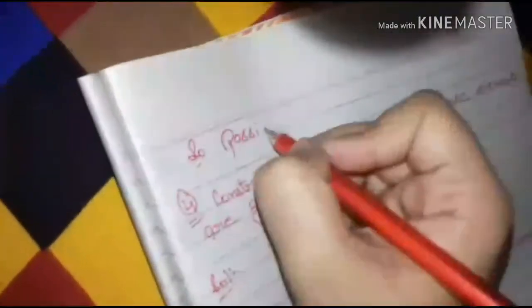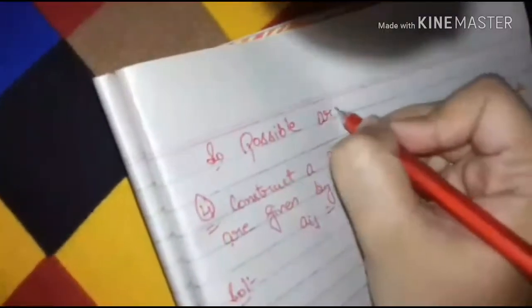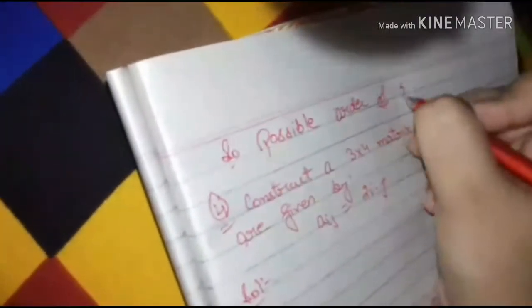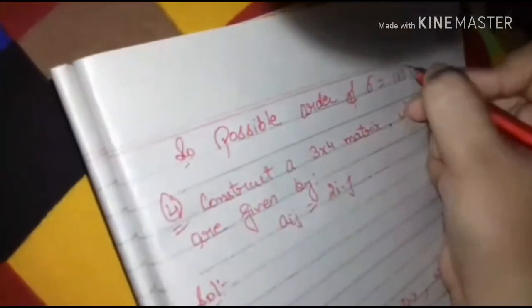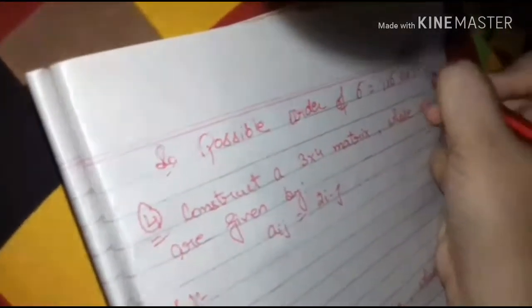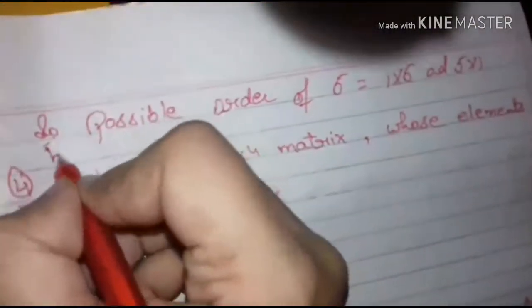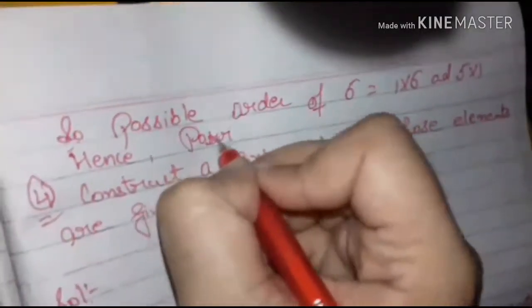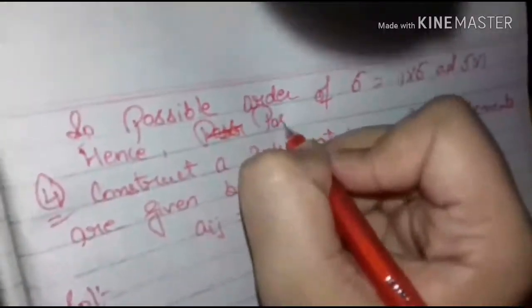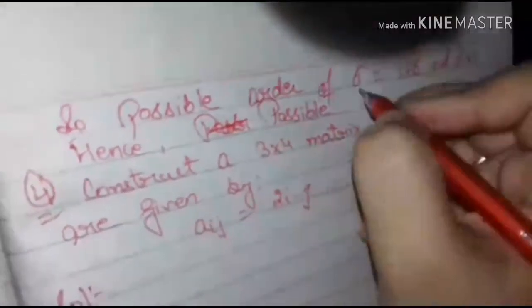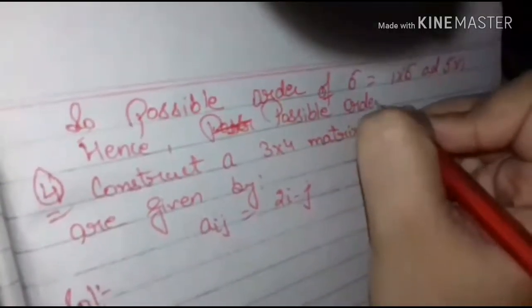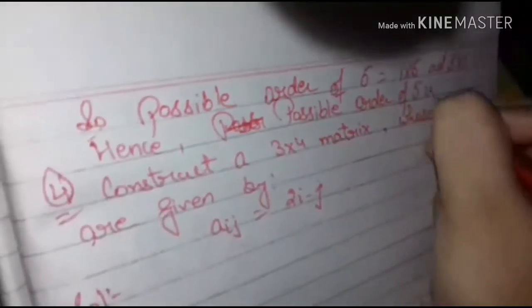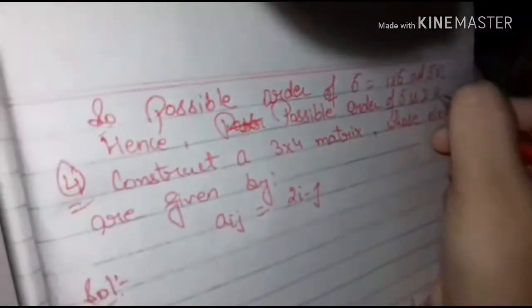So possible orders of 5 are equal to 1 into 5 and 5 into 1. This means, hence, possible orders of 5 is 2. Answer.